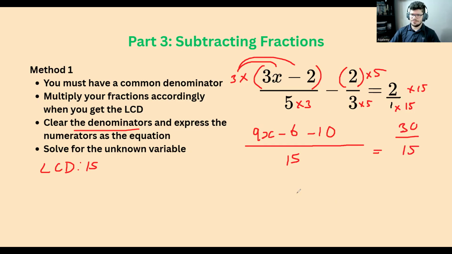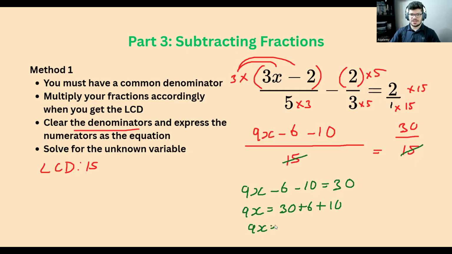Cancel the denominators, express the numerator as the equation. This is what it looks like. 9x minus 6 minus 10 is equal to 30. We got rid of the denominators. Send the constants over. 9x is equal to 30 plus 6 plus 10, which results in 46.